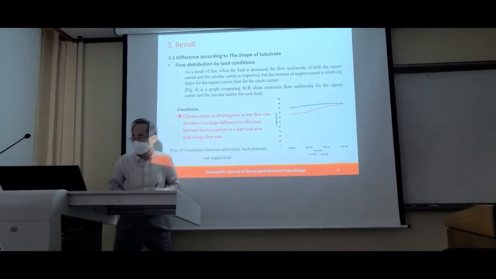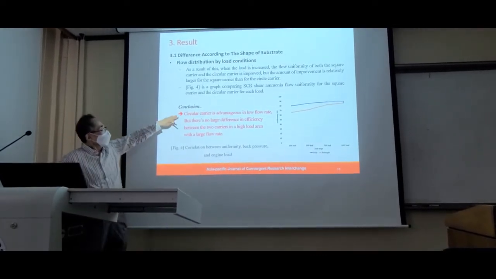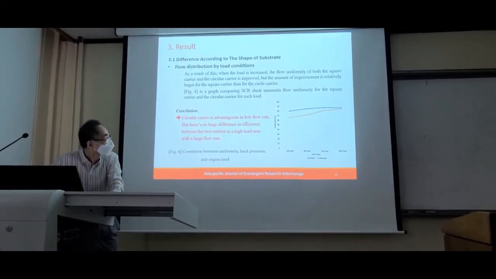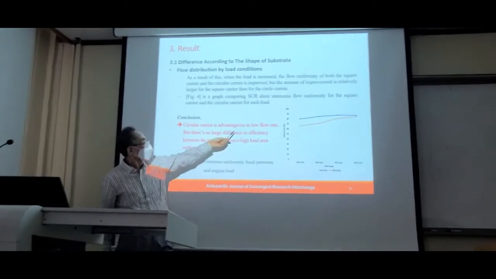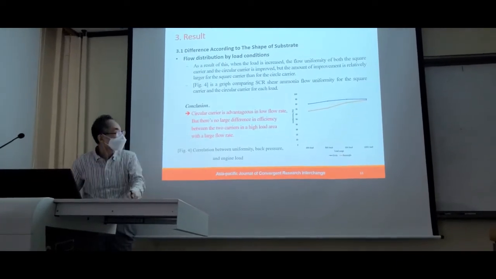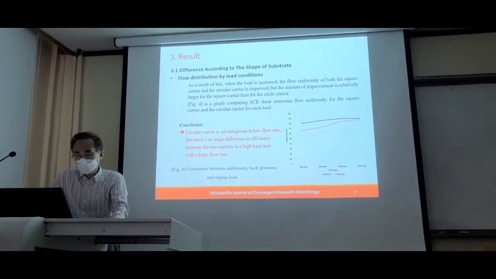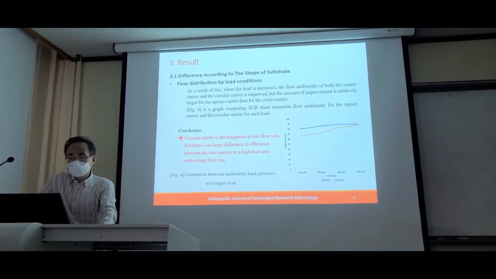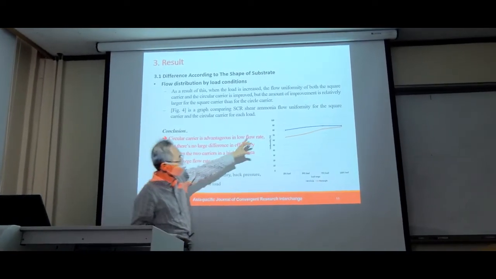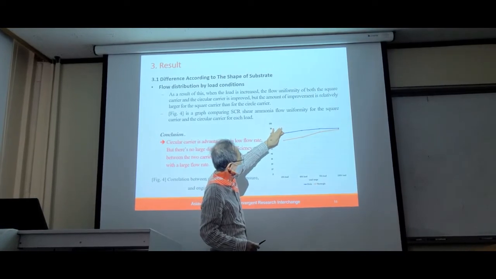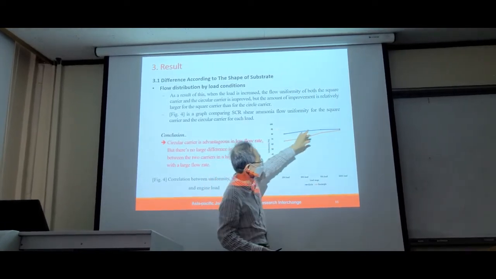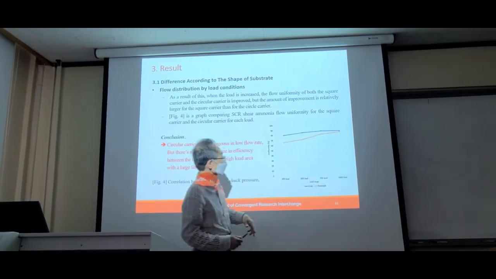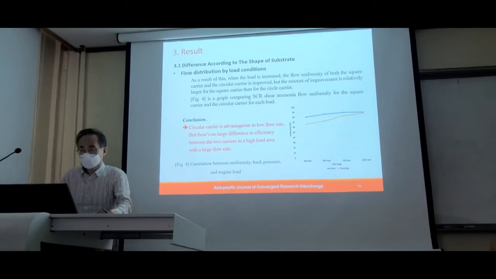Circular is better. Look at here, the circular carrier has an advantage, it's better than this one at low flow rate, but there is no large difference in efficiency between the two carriers in the high load area with a large flow. At low load, this one has a much bigger advantage, but as the load is increased, the advantage is not too much different. Okay?